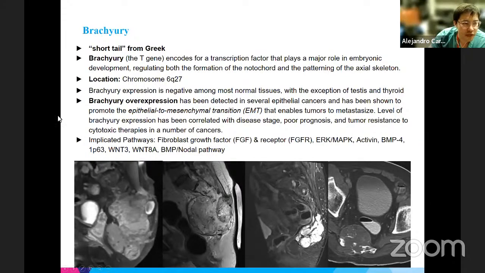So a patient shown in the scans below is sent to your spinal clinic, and this tumor was biopsied and has strong brachyury overexpression.